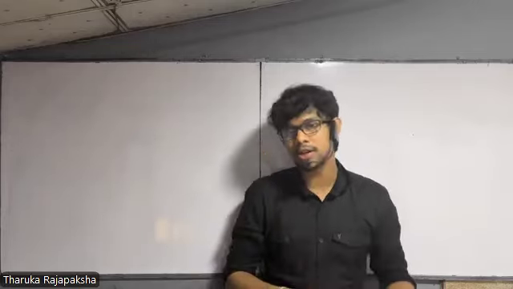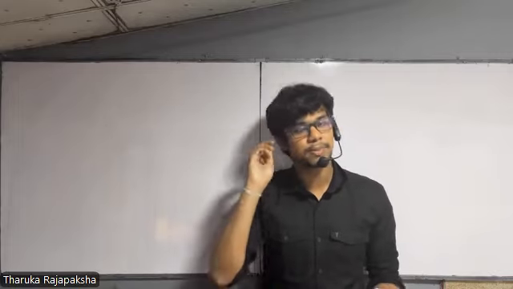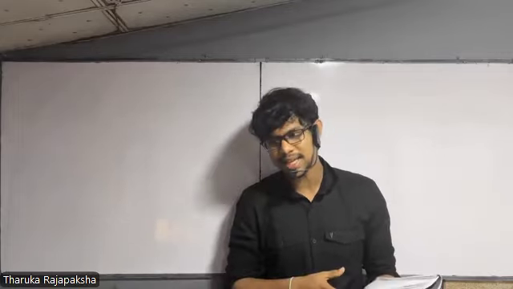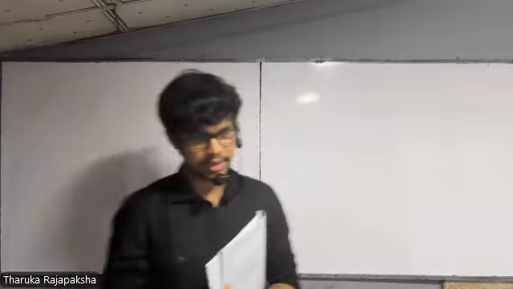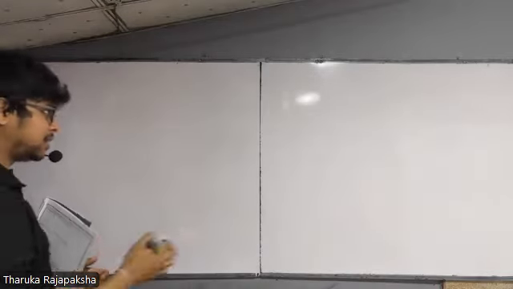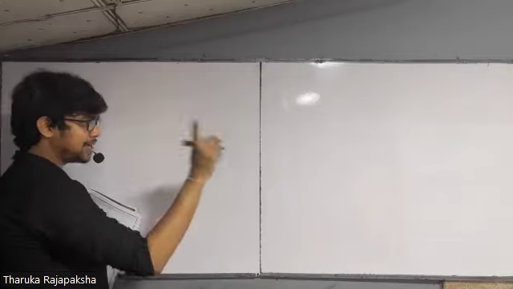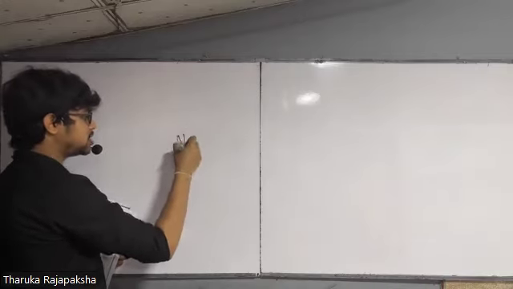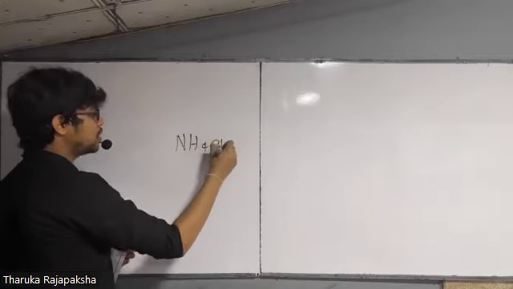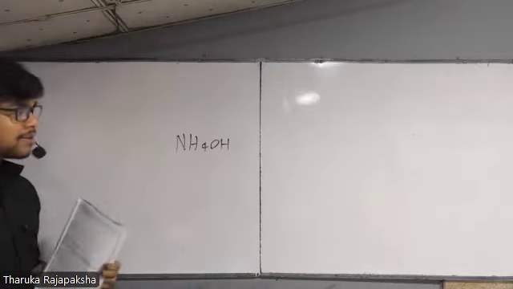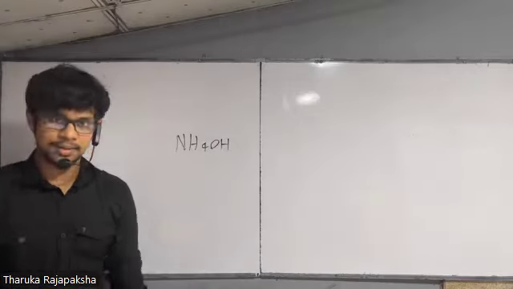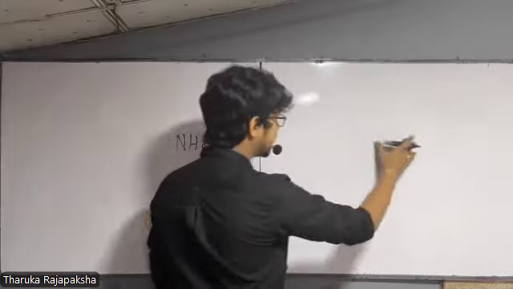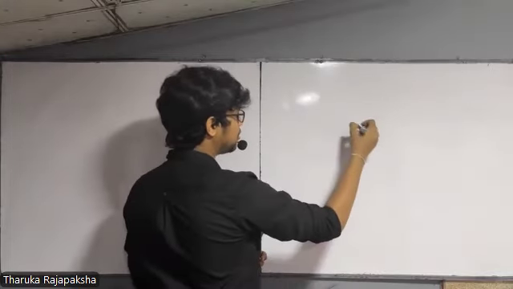Step number 3, addition of ammonium hydroxide in the presence of ammonium chloride. Now this thing has a certain explanation. I'll tell you very briefly. I'm not going to go deep into this. Please don't write anything. I'll just teach you what is happening. With ammonium hydroxide, we are getting the hydroxide precipitates. I'll tell you the cations. Now, aluminium ice cream.